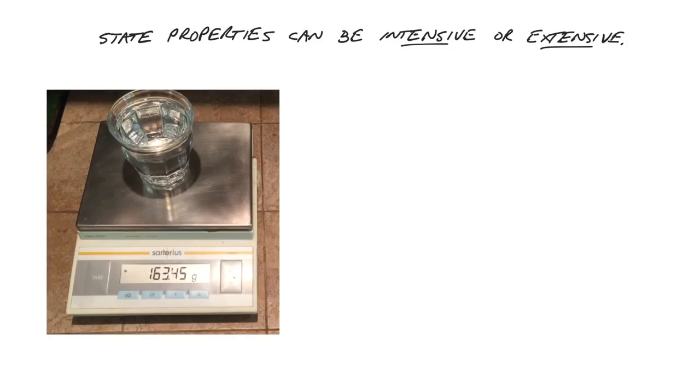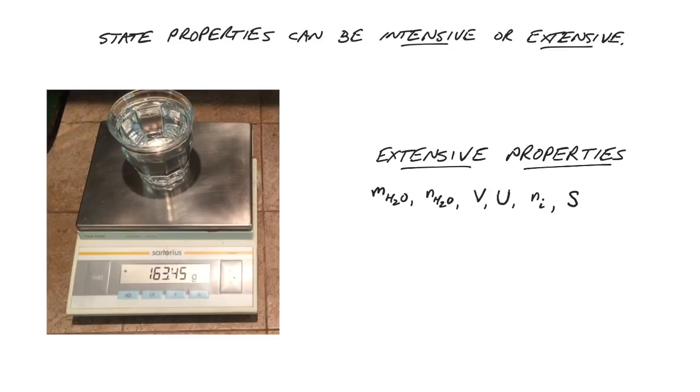What properties of the system have changed? A number of properties we can think of will have doubled: the mass and number of moles of H2O, the volume, the energy possessed by the water, the number of moles of any mineral solutes, the entropy of the system. These are all examples of extensive properties.